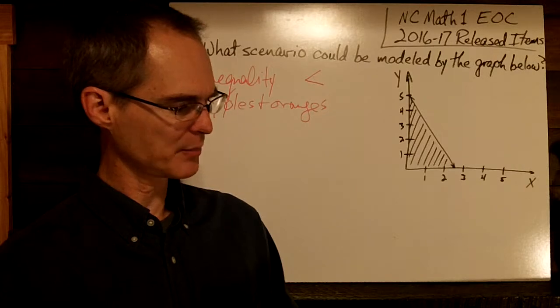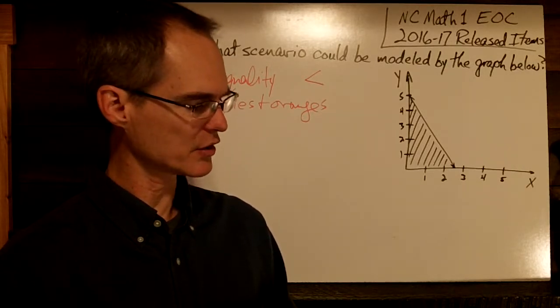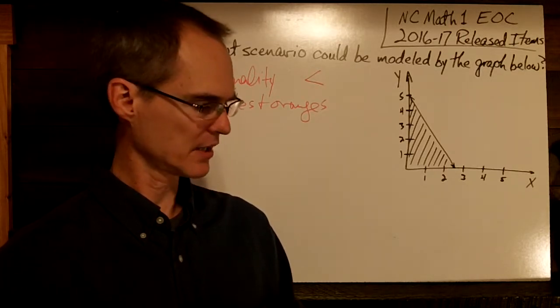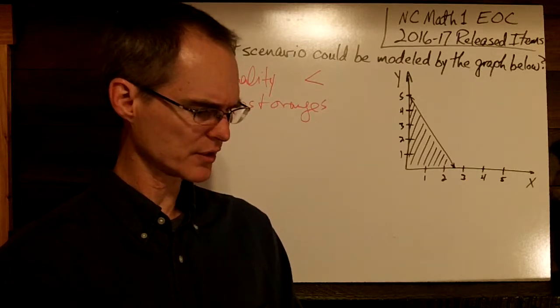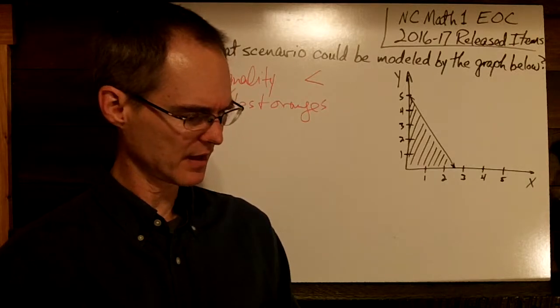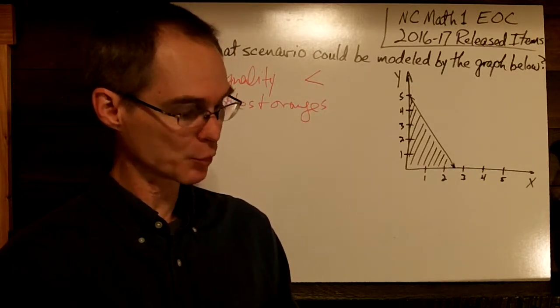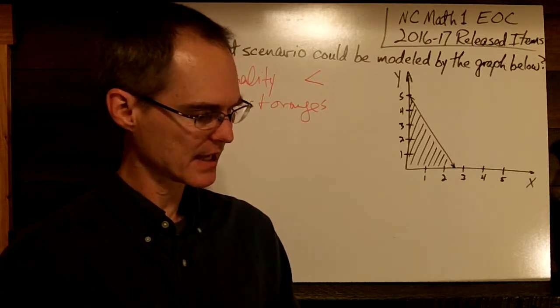The number of pounds of apples, y, minus 2 times the number of pounds of oranges, x, is at most 5. That's answer choice A. I noticed all the other answer choices are different, but they have that same wording. Answer choice B says the number of pounds of apples, y, minus half the number of pounds of oranges, x, is at most 5.